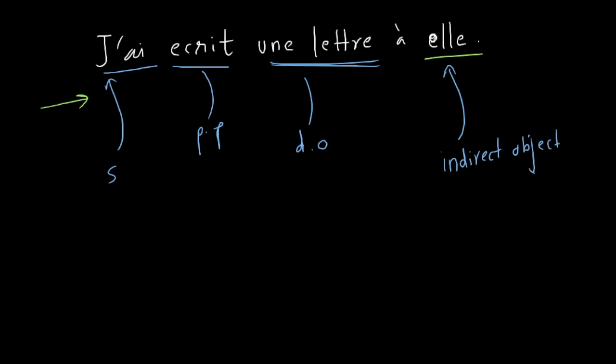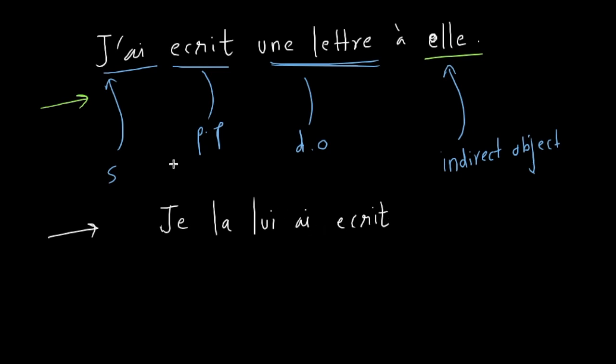Now, if I were to write this sentence again, replacing the direct object and indirect object both with pronouns, you remember in the case of lui, leur, the direct object comes before the indirect object. Right? It reverses. So, je, la, lui, ai, écrit.